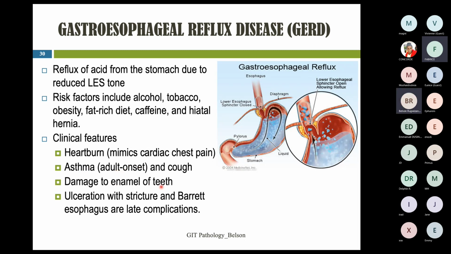Damage to enamel of teeth, because the acid in the mouth reacts with strong minerals like calcium automatically, so that can be explained.